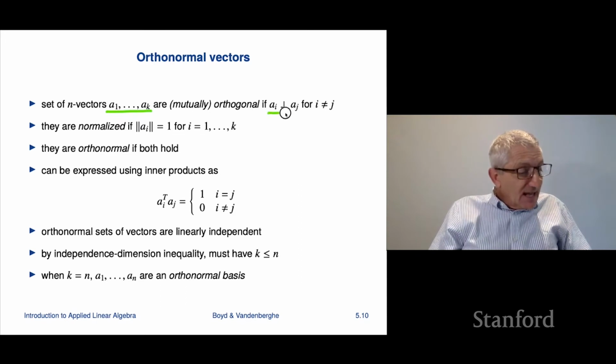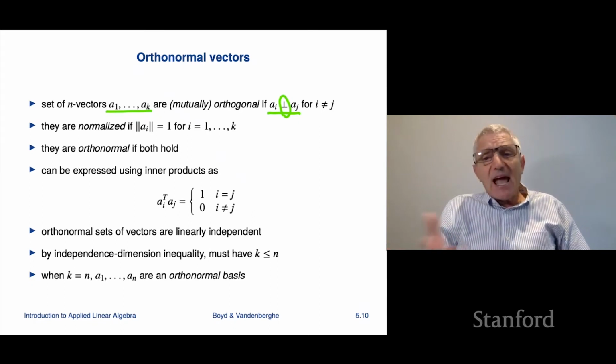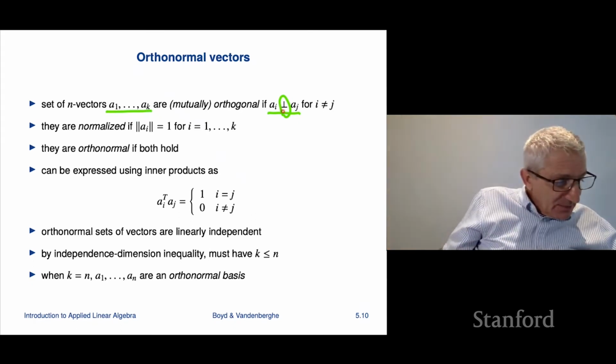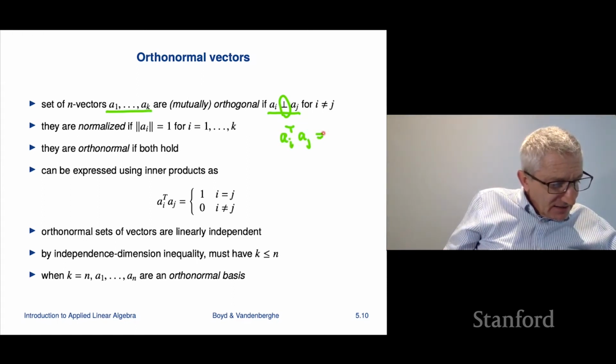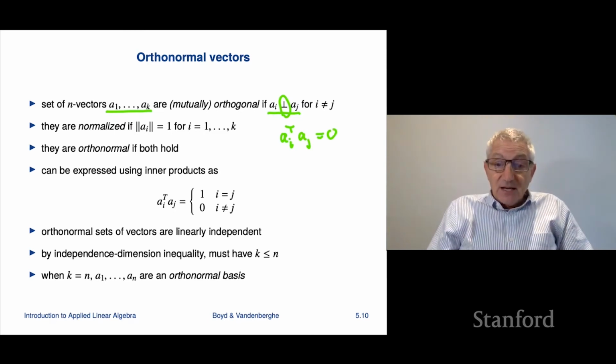This little symbol is sometimes read in English as "perp," for perpendicular. It says that AI is perpendicular to AJ, which is one of the ways we say orthogonal. And all this means is that the inner product of AI and AJ is 0.